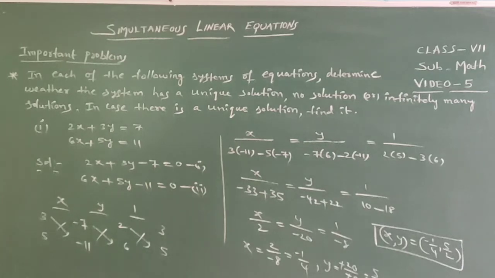Once observe, the given equations: 2x plus 3y minus 7 equal to 0, 6x plus 5y minus 11 equal to 0.